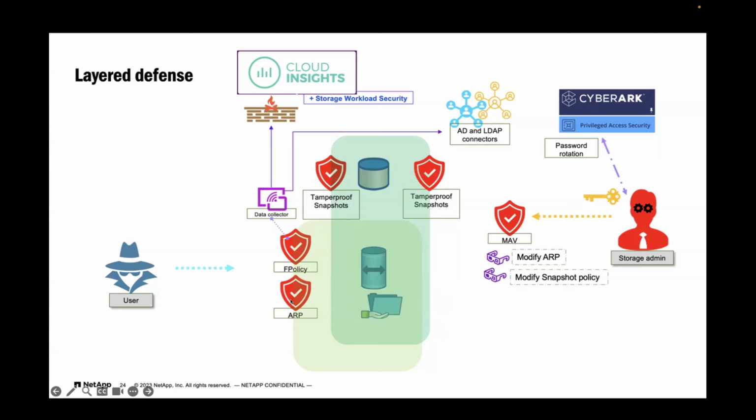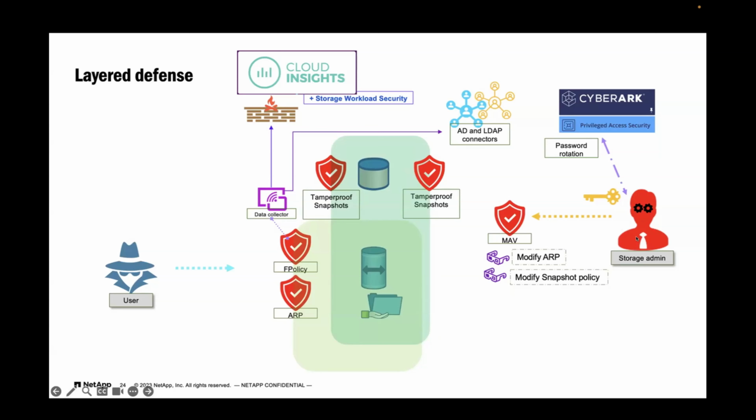So ARP with FPolicy. FPolicy is deployed by storage workload security. It will monitor all activity and then take evasive action, take just a snapshot or block the user. And of course, tamper-proof snapshot protection is available for SAN infrastructure as well as NAS workloads, whereas ARP is not available for SAN. That's what we're trying to explain using this graphic here, right?